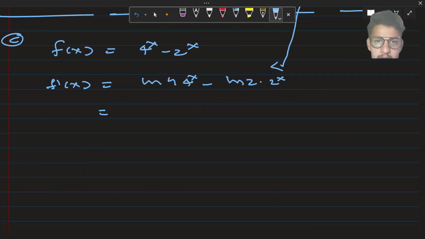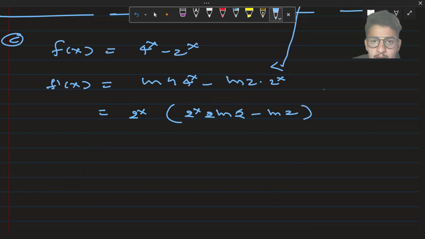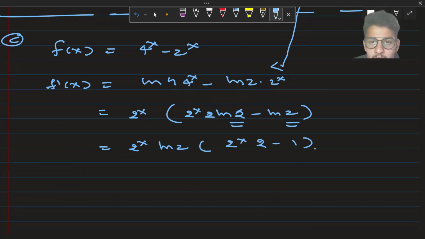Now you will see here 2 to the power x can be taken common, and 2 times ln 2 minus ln 2. ln 2 can also be taken common. So you will see that 2 into 2 to the power x minus 1 is remaining inside.